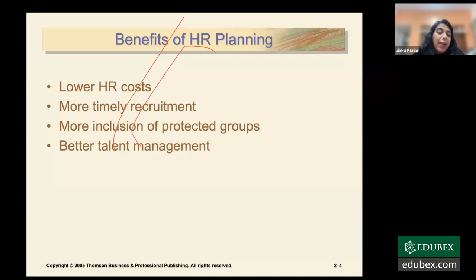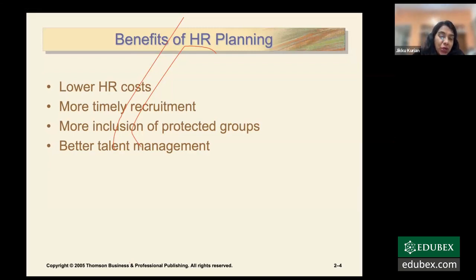Equal opportunity employers means if an employee is capable of performing his or her assigned task, irrespective of what physical issues are existing for that employee, if they are able to execute the jobs which are assigned to them, then they should be given an opportunity by the organization. So that is called inclusion of protected groups.